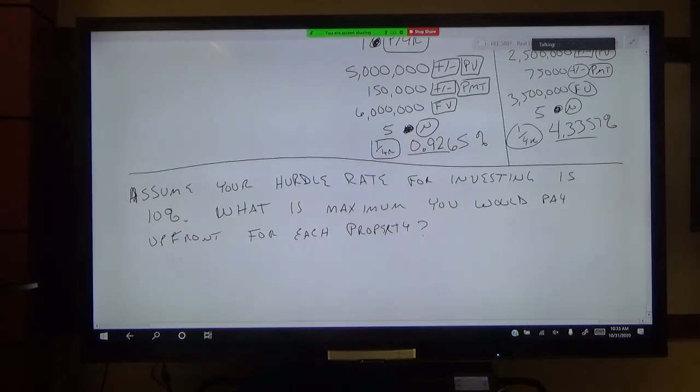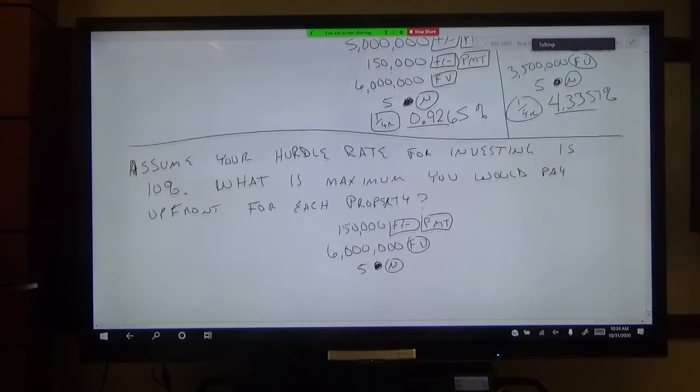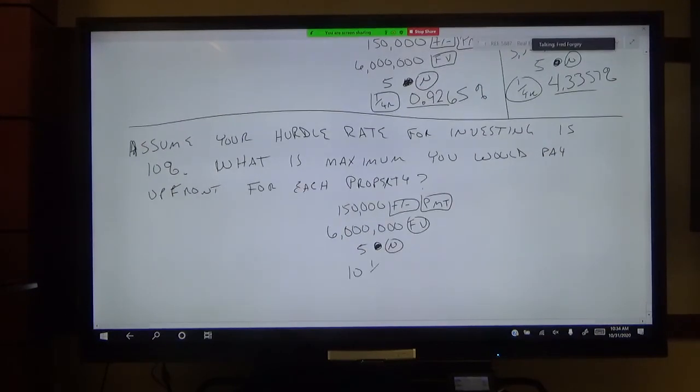So basically what you can do, if you want to just start each one fresh, you could say 150,000 negative payment, 6 million future value, 5-year term, 10% as the interest rate or hurdle rate, solve for present value.